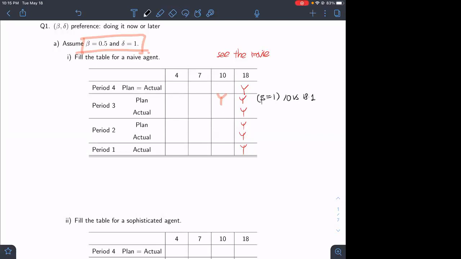He's using the wrong discount factor, which is 1. So we can see that 18 is larger. So the benefit for the future is larger. So he's not gonna watch the movie now in his plan. Oh, I'm sorry for making a mistake. So this one should be no. Any questions so far?